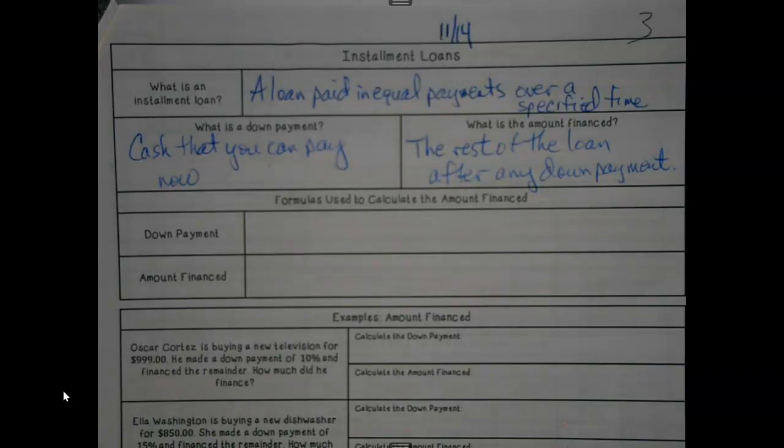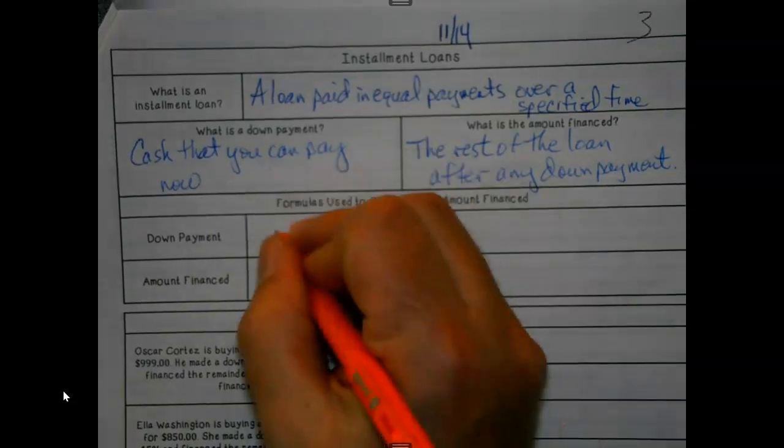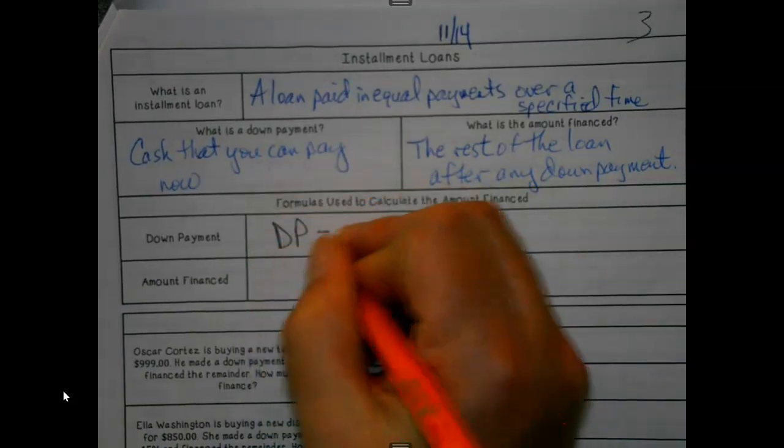Now, the interesting part gets to be how we actually calculate this, because this part isn't really going to be fancy. So, down payment, let's call it the DP here. We'll shorten some things up.